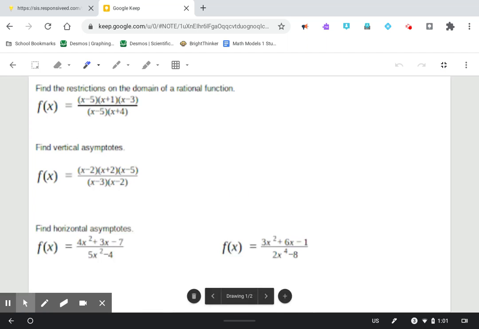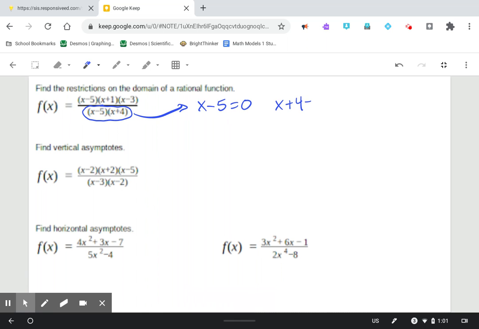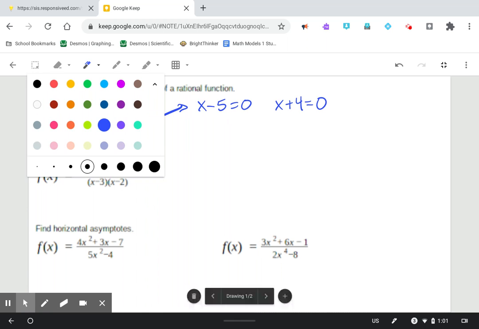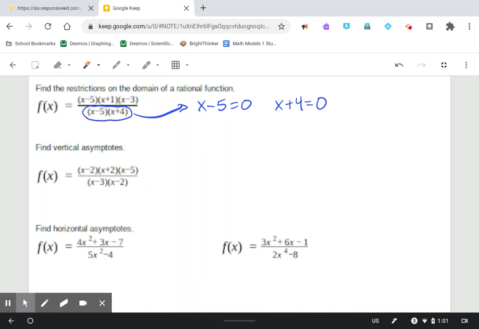This is all about restrictions and asymptotes. So when it says find the restrictions on the domain of the rational function, we're talking about the numbers here. So we're going to take these and we're going to write 2 equations. And then we're going to solve those. We're basically finding the roots of the denominator. So we can add 5 to both sides. x equals 5.